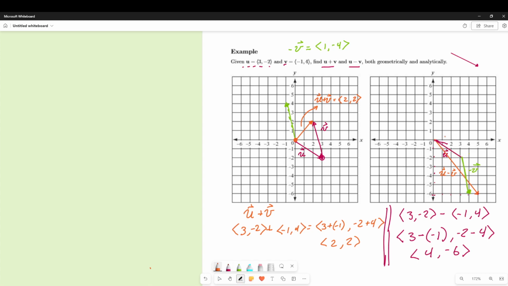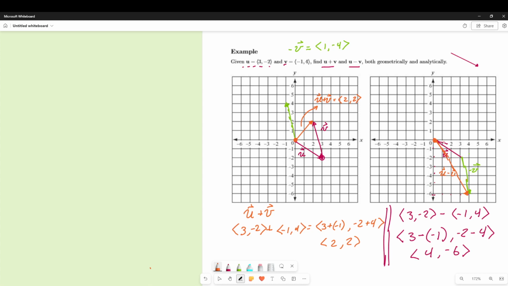So our actual resultant vector should have been here. Well, nice. It's always nice to make little mistakes and try to figure out where they come from. That's fun.